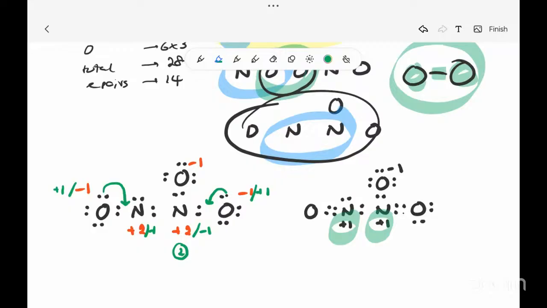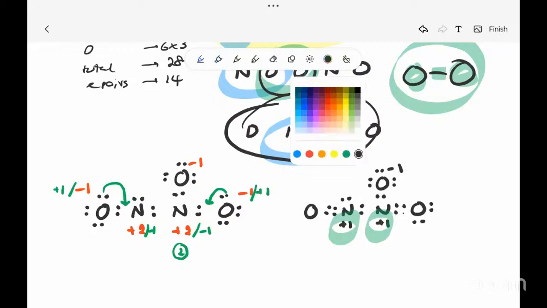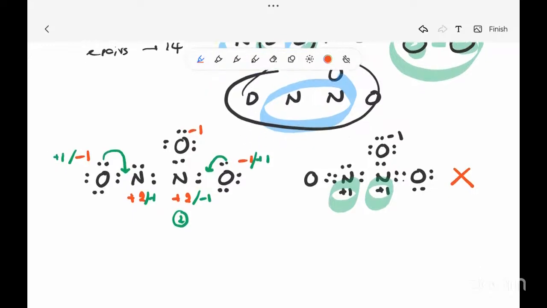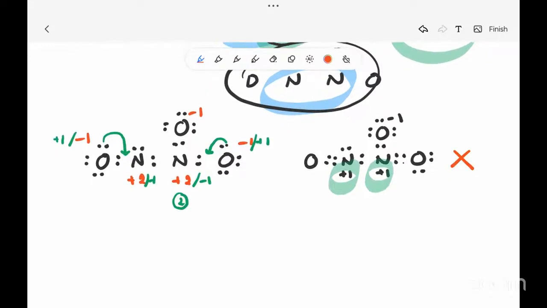Having plus two charges in consecutive elements is unstable. So therefore, this structure is regarded as an unstable structure. So what we shall do is something like this. So we have nitrogen, nitrogen, oxygen and oxygen, oxygen and lone pair here.